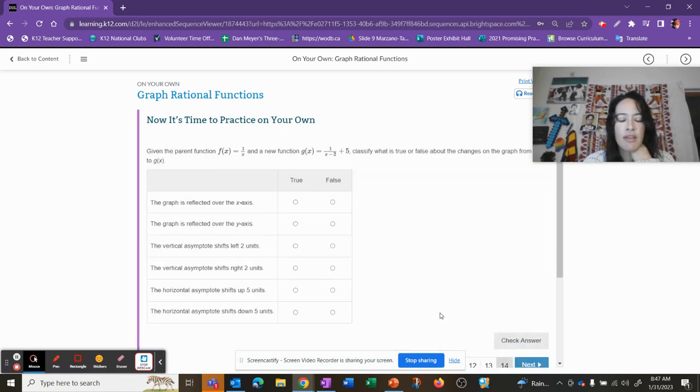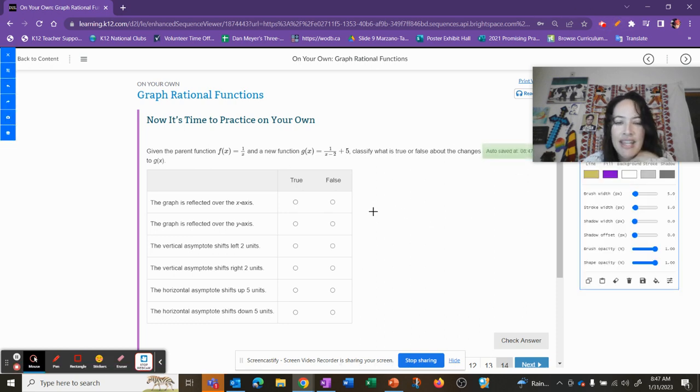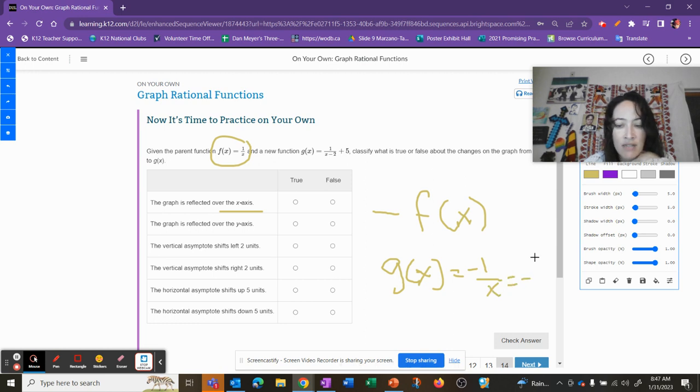Again, you have some other practice problems. Try this one: reflected over the x-axis. That would be outside of the function. So if this is our original f of x and you're looking at our g of x, if g of x was reflected over the x-axis, then it would be -1 over x, or this is the same as negative on the outside.